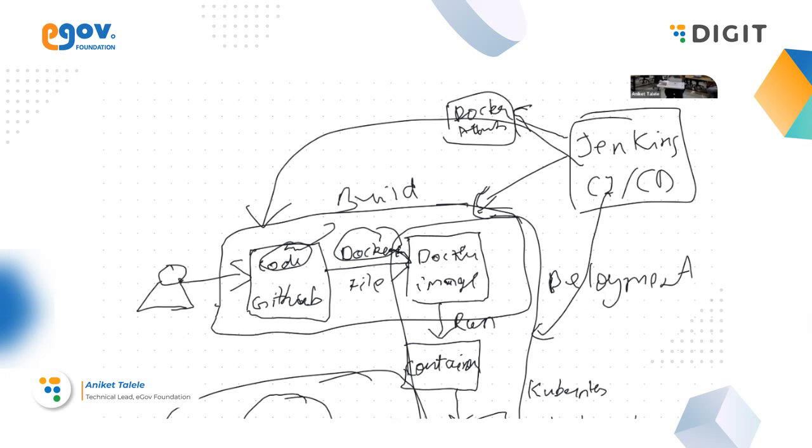All of this gets taken care of by a Groovy script. I'll explain where we keep our Docker file and how they get built during the slides. Okay, any other question?